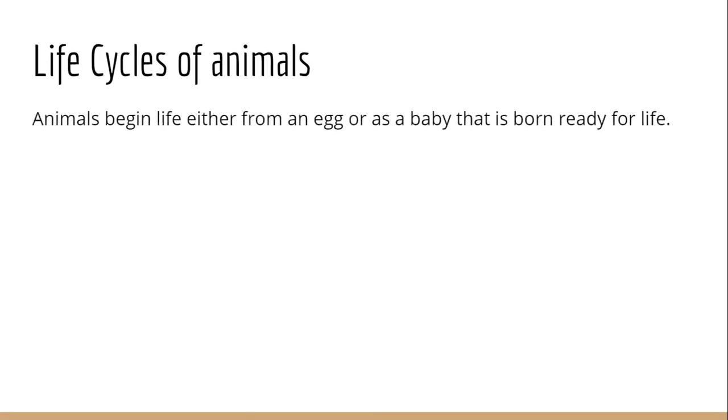So, life cycle of animals. Animals begin life either from an egg or as a baby that is born ready for life. So an animal's life cycle can either start like an egg, like a bird, or already born, like a horse or a dog.